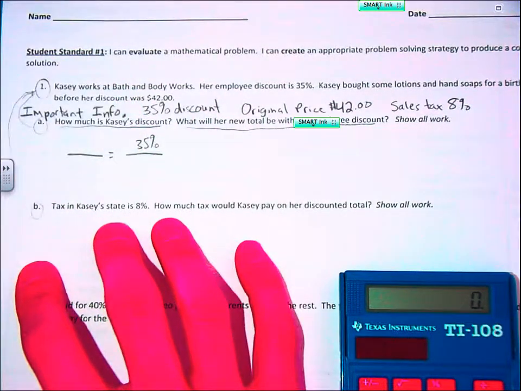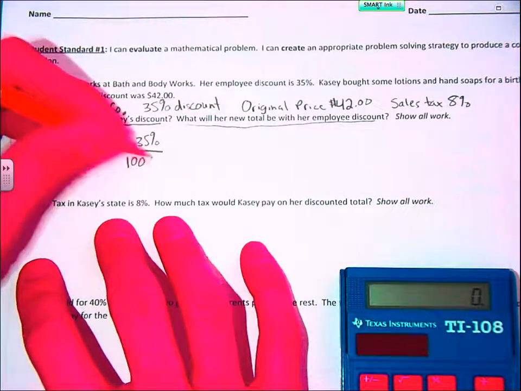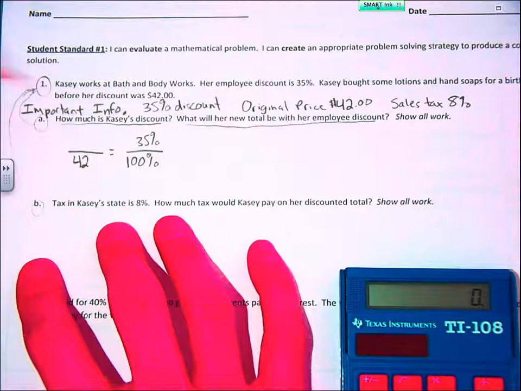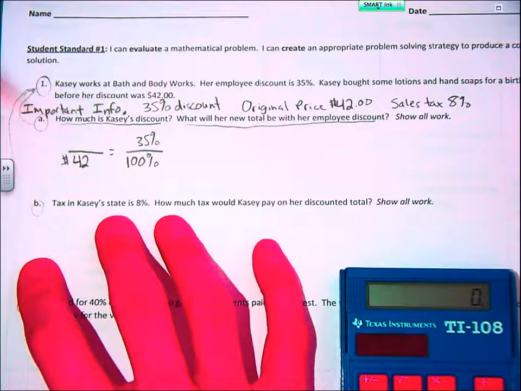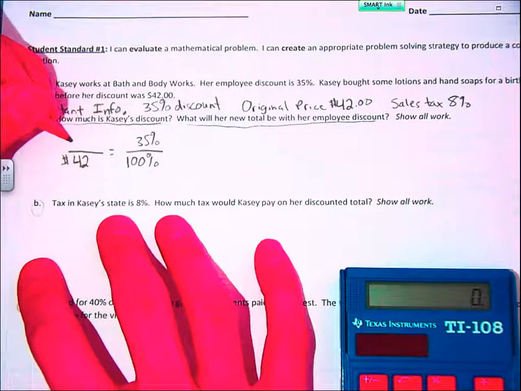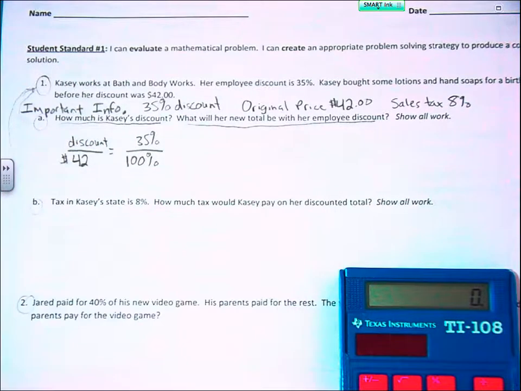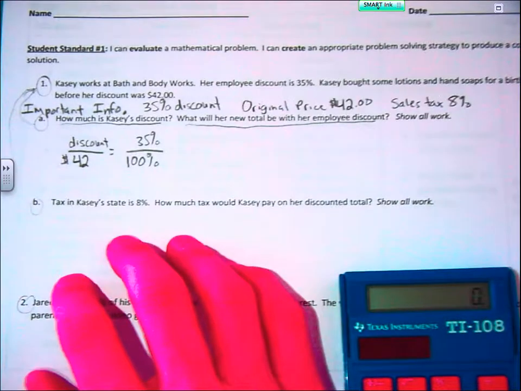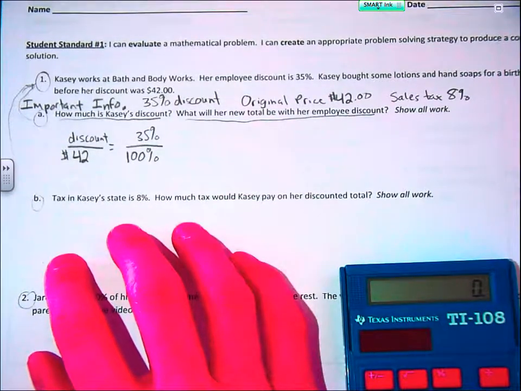I know she's going to be paying 100%. I know that the original price was $42. I know that I need to figure out what her discount is. I could put this as the part or the discount. Then, when I'm figuring out a part of a whole, I know that I use Hank's method.